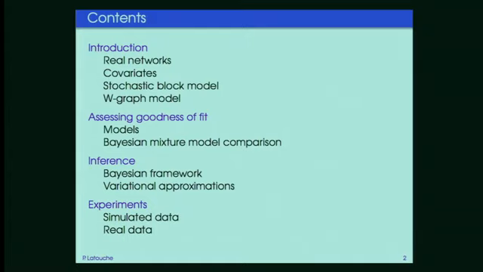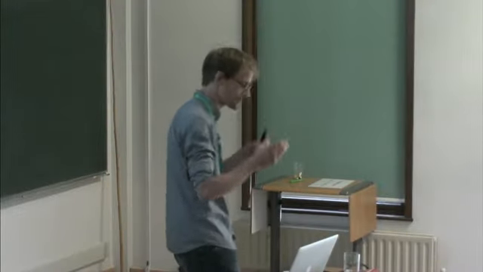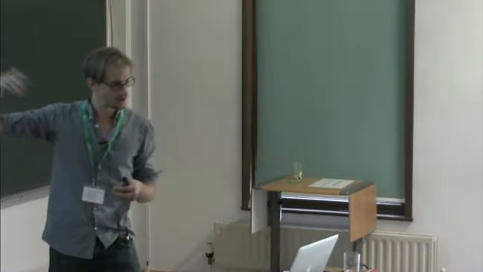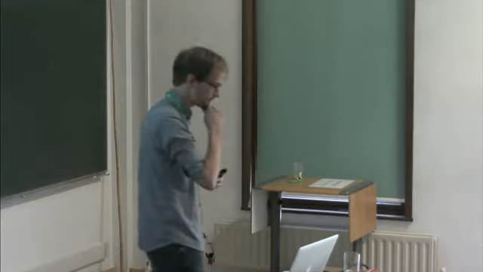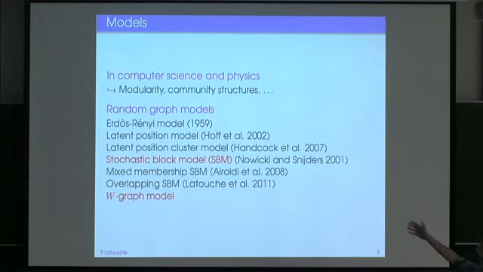So usually I start with a long introduction on real networks and models and so on, and because you're all familiar with this, I'm going to go straight to the point. Here's a series of random graph models that people have used a lot. This is not an exhaustive list, and the key point is that those models have been studied from a probabilistic point of view, but we also have very interesting results in statistics.